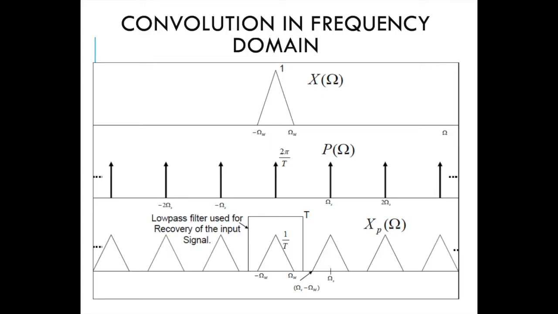If you look at your impulse train, the distance between 0 and omega s is quite short compared to our previous example. Again, I'm going to repeat: the impulse train is actually the signal that carries your input signal.